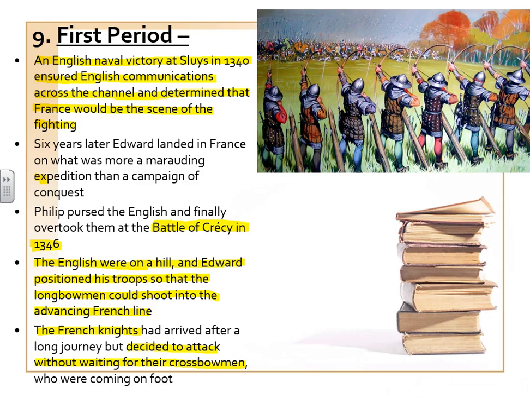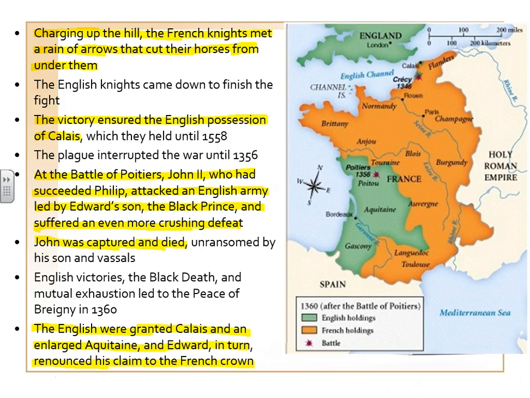And actually the English use another advantage, and that is height. They go to higher ground, and so the French knights have to travel uphill, and so it's very easy for the longbowmen to rain arrows down onto them, and they defeat them or shoot the horses out from under them, and then the English knights are able to come down and kind of finish the job.